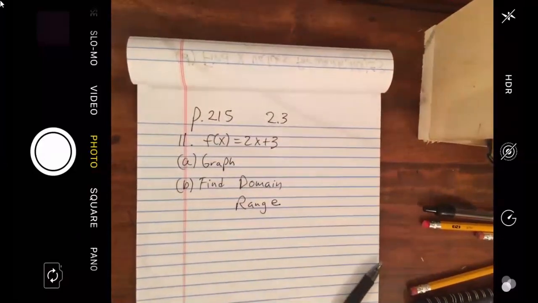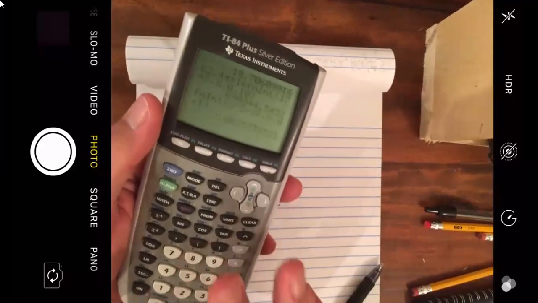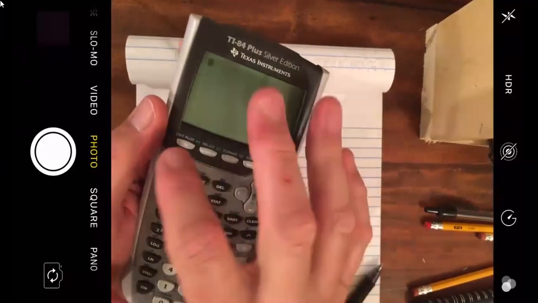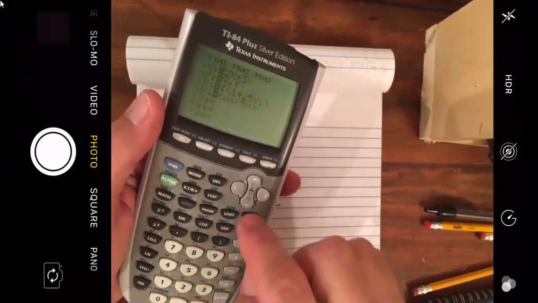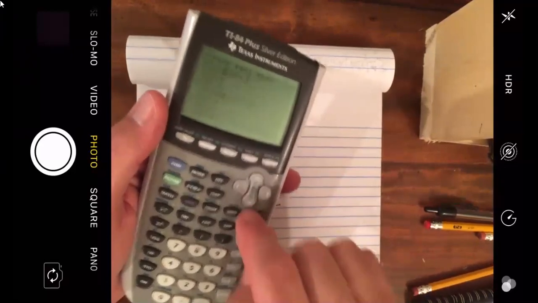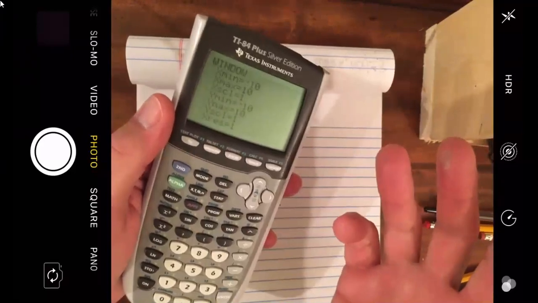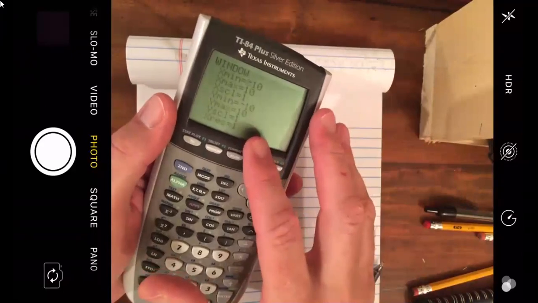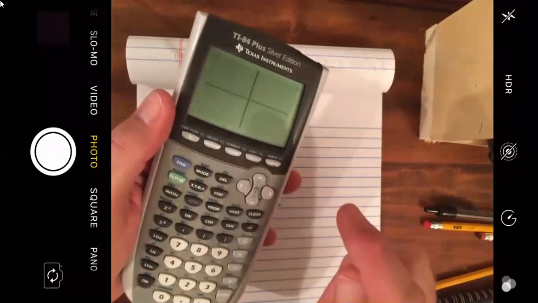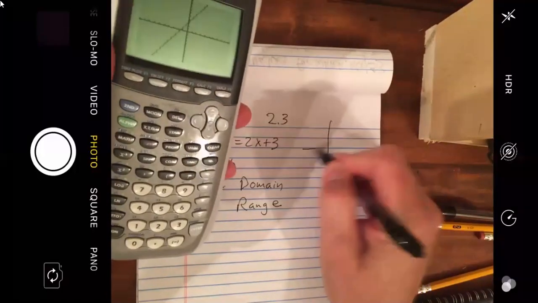All right, we've talked about graphing on the calculator. Here, 2x plus 3. Okay, here we are. You have to give it some numbers for a window. These are pretty standard: -10, 10, 1, -10, 10, 1. We get graph. It's a line with a y-intercept of 3.